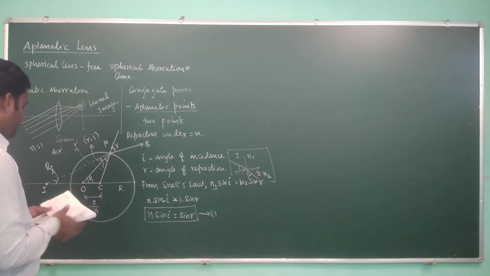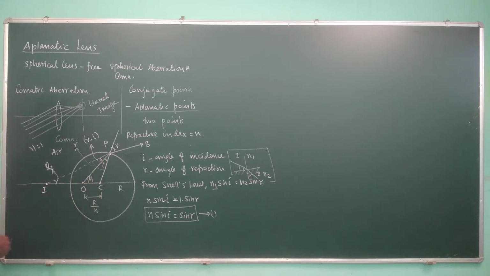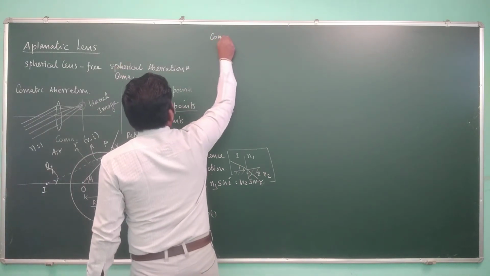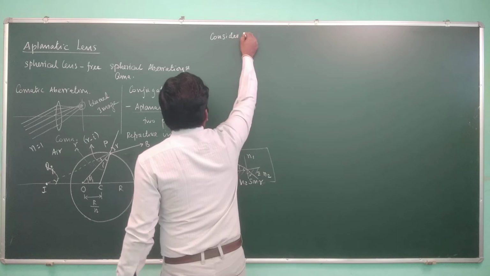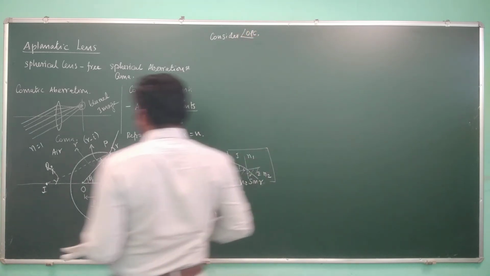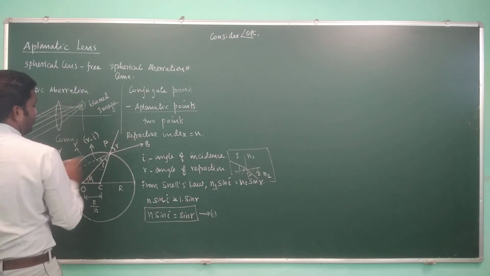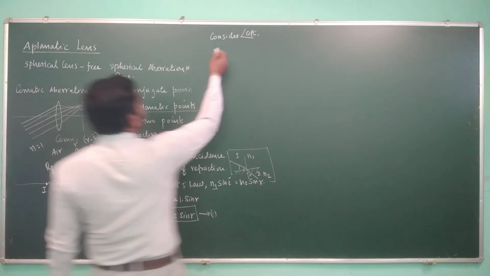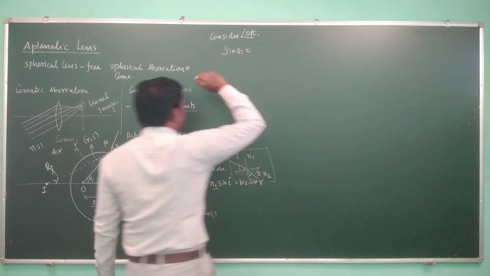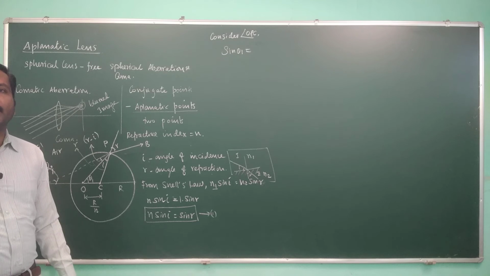Now let us consider the triangle OPC. In this triangle there are two angles, theta 1 and I. Let's write sin theta 1. What is the formula for sin theta in trigonometry? Opposite side by hypotenuse.